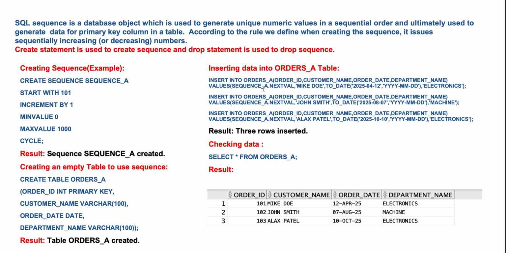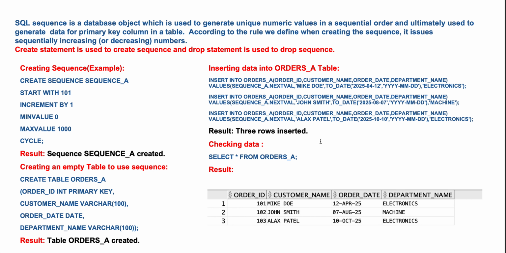Values sequence_A.nextval. That means the value comes in sequential order from the already created sequence. Next, customer name, date, department. Similarly, I have inserted only 3 rows. When we run this code, after successful completion, it will display the following result: 3 rows inserted.